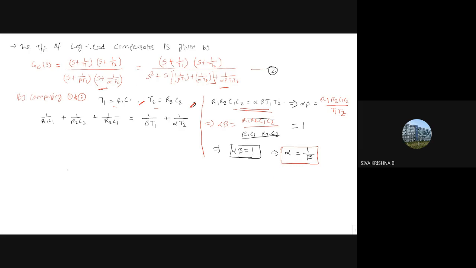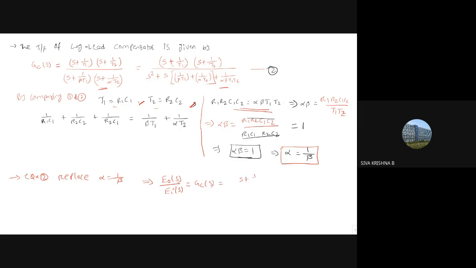That means from equation 2, replace alpha equals 1 by beta. So that implies E naught of S by EA of S equals, what is that? ECE of S, that is the compensator open loop function.